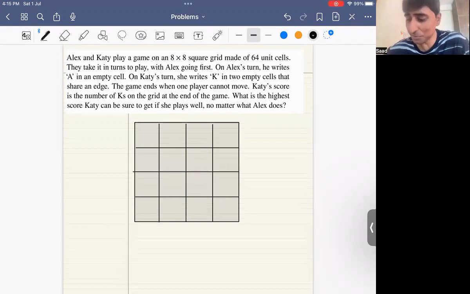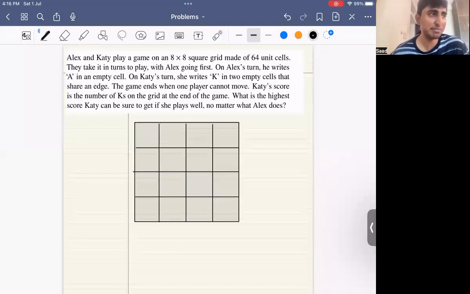No matter what Alex does would mean that Alex is also quite rational, and he'd like to spoil Katie's chances of getting the maximum unit cells filled. An obvious conclusion of this statement is that you have to assume that both players engaging in this game are absolutely rational, and they have a strategy to limit each other.